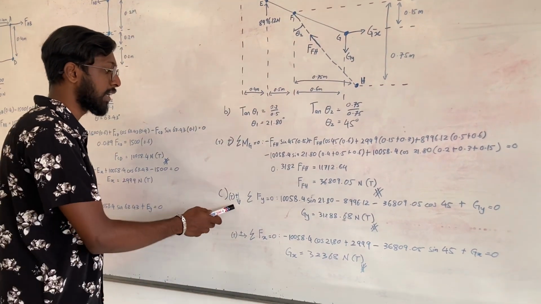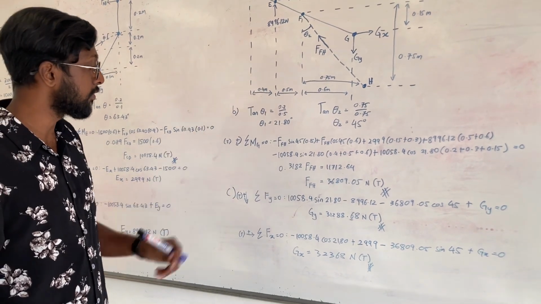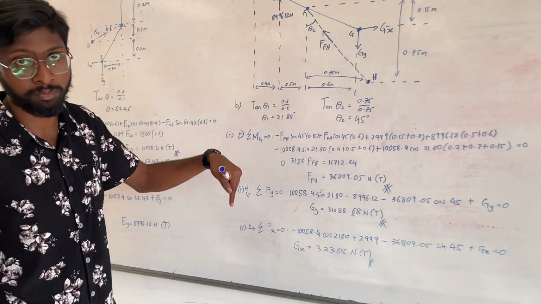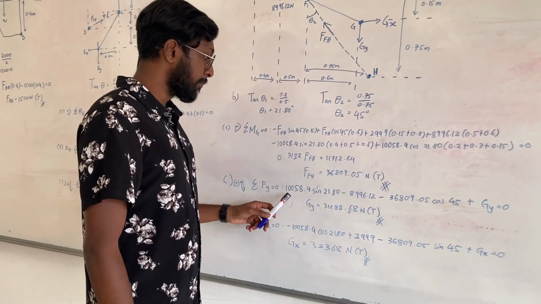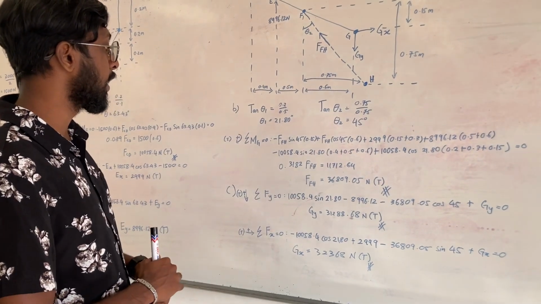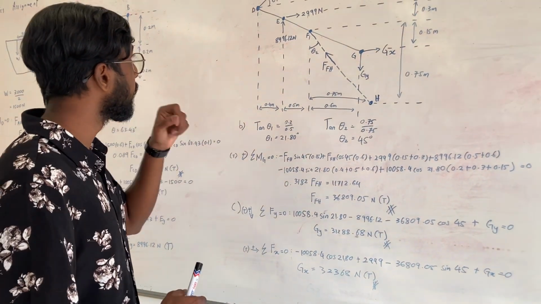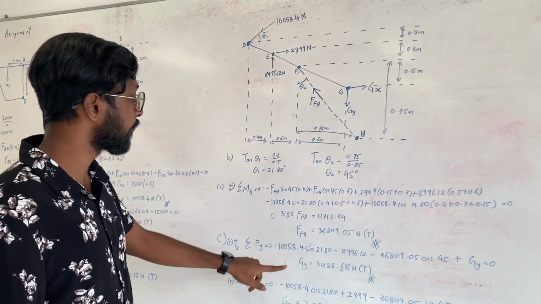And then we apply our second equation of equilibrium, which is summation of forces on the y-axis equals 0, assuming that downwards is positive and forces are in tensile. So we have 10,058.4 sine 21.8 degrees. It is going downwards, hence positive.